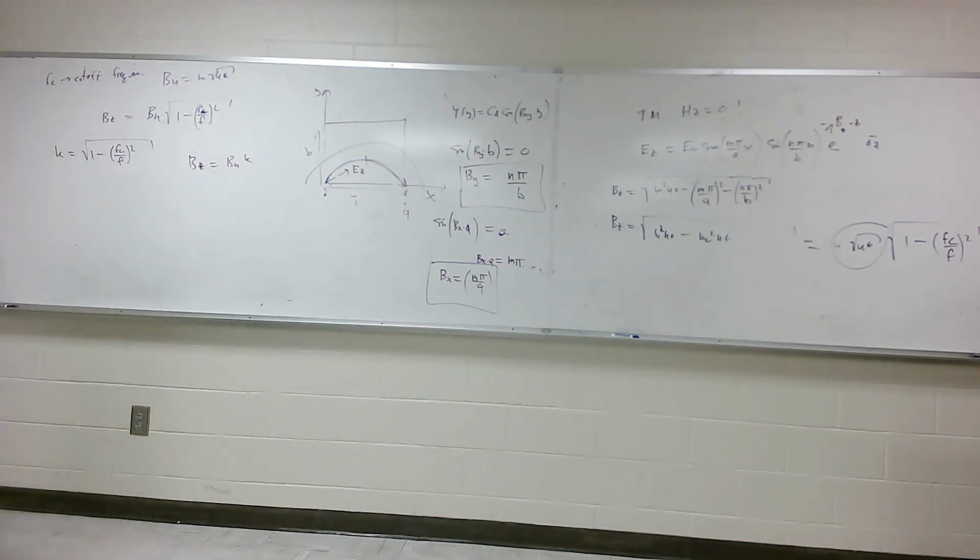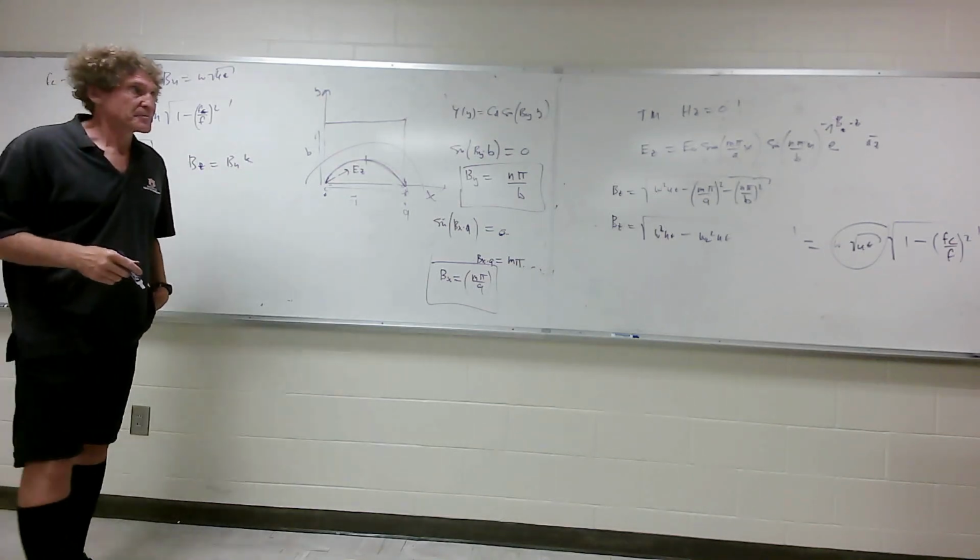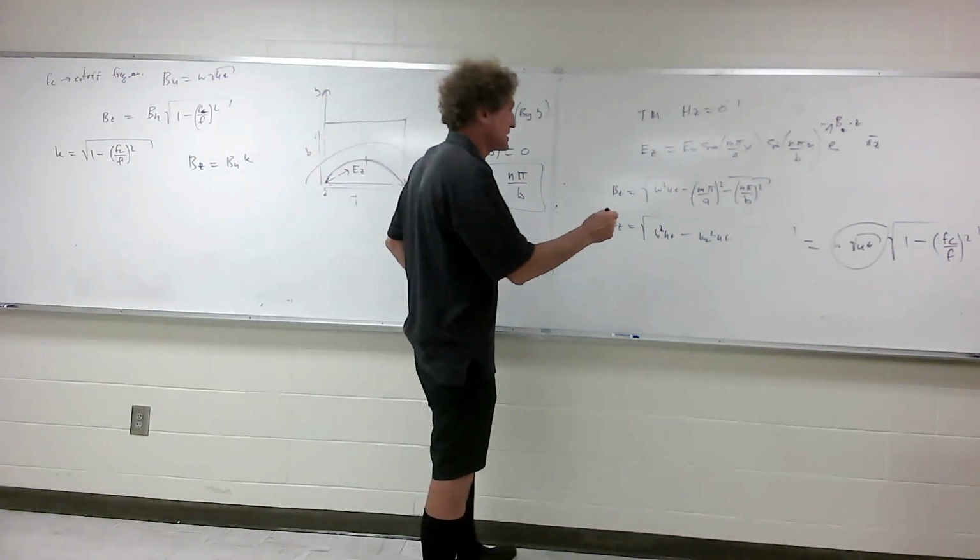Now at cutoff, beta z is 0, and at cutoff, k is 0. Do you all see this when fc is equal to f? This is a real important point. Okay, now back to this. We're still talking about TM waves.